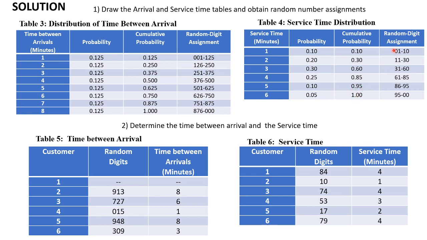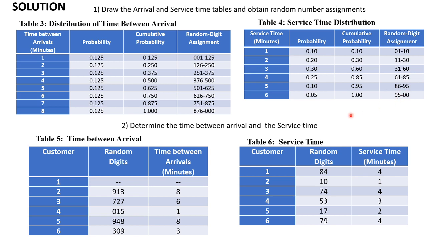The random number assignment here is going to be from 0 to 0, 1 to 10, then 11 to 30, 31 to 60, 61 to 85, 86 to 95, 95 to 100.